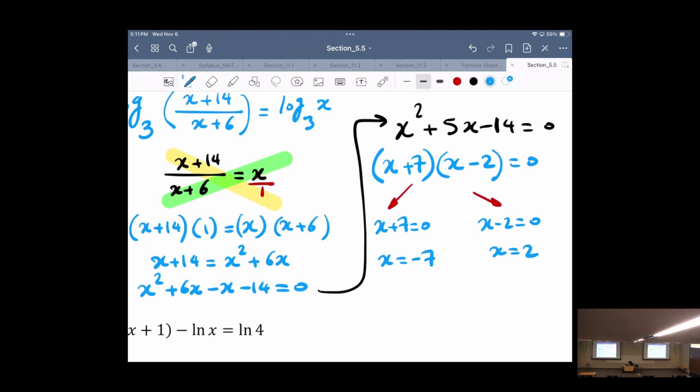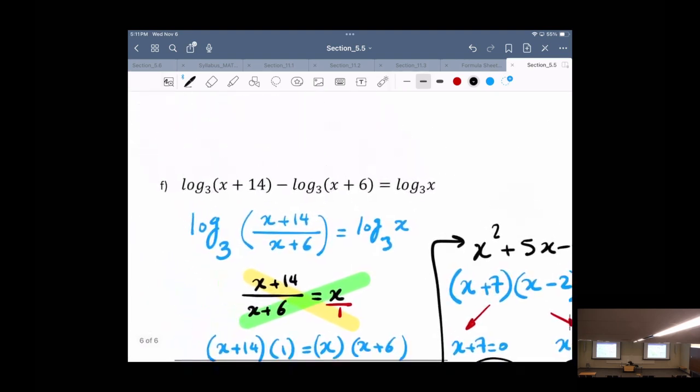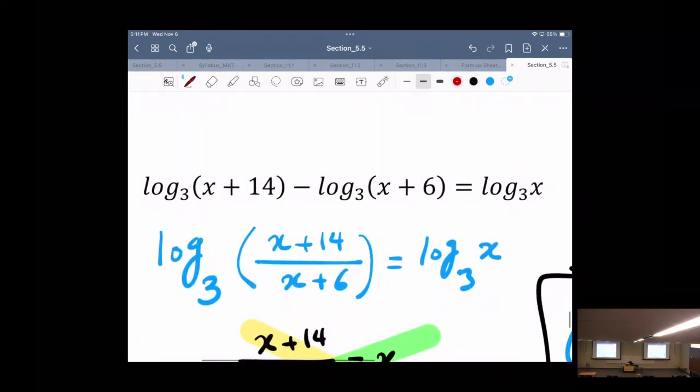Now, we can't accept these solutions right away. So we need to check x equals negative 7 and x equals 2 in the original expression. So here, if you plug in negative 7, it's okay. You end up with a positive value, right? Negative 7 plus 14 gives you positive 7.